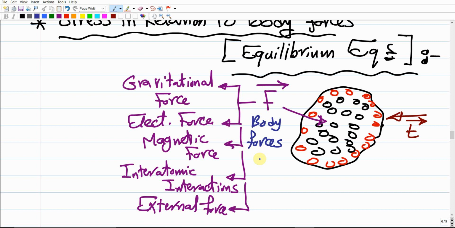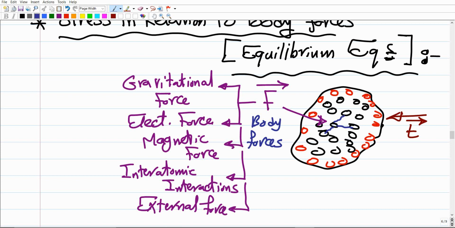Any type of force, whatever it is, acting on the particles internally is known as a body force. It could be due to the weight of the continuum, the gravitational force, electromagnetic force, magnetic force, electrical force, thermal force, or even the interactions between the particles themselves. We may also have external forces directly acting on the particles of the continuum, so we would have the body force in the form of an external force.